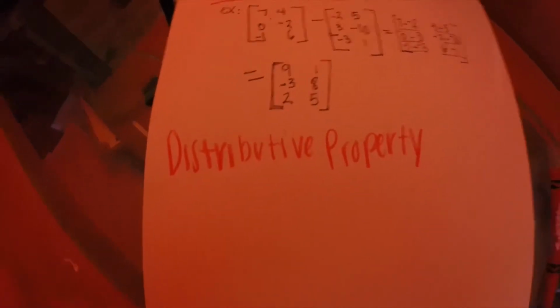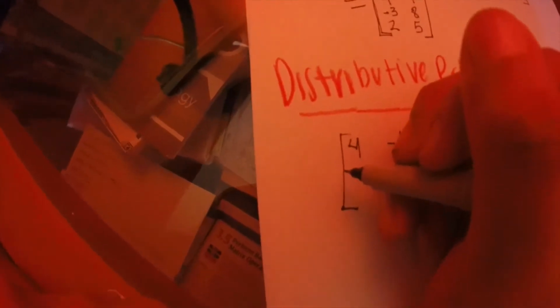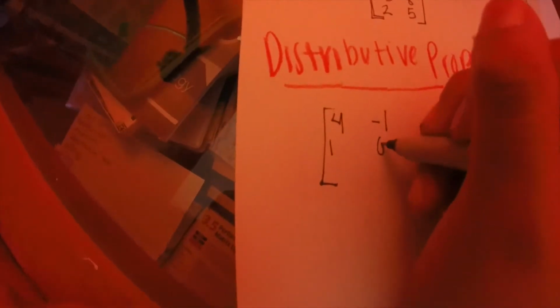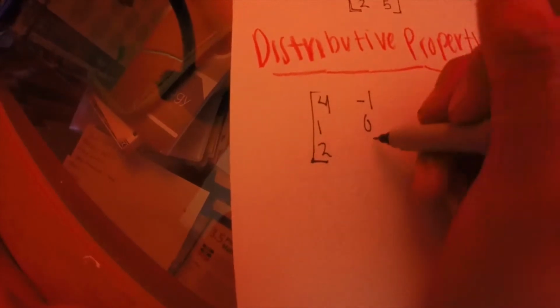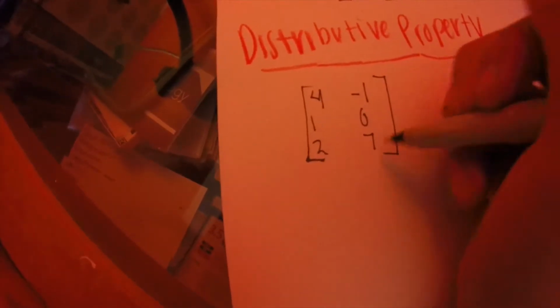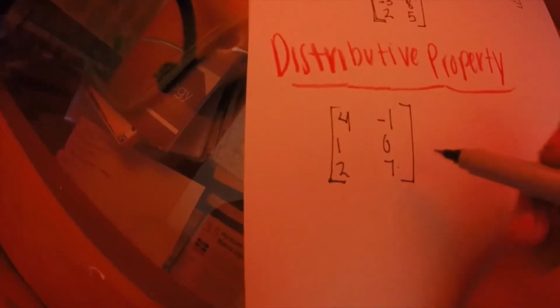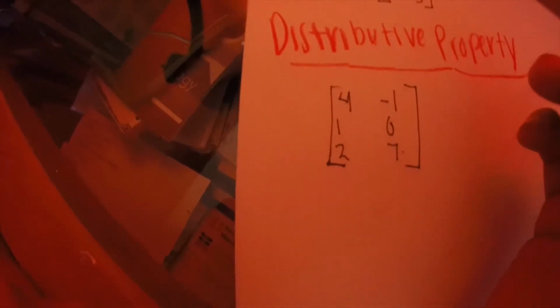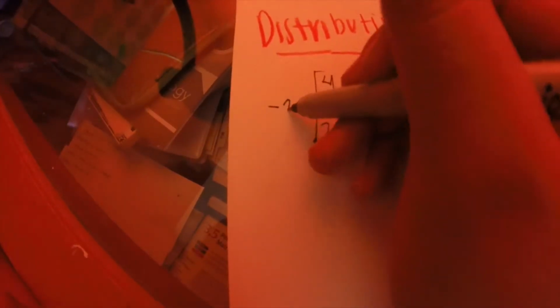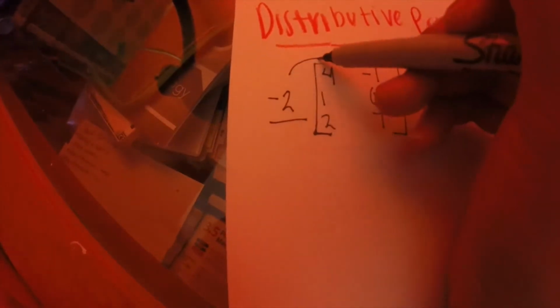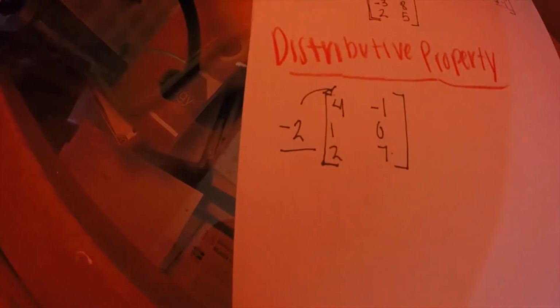Distributive property is something that you learn in the basics of algebra. If I have this matrix, 4, -1, 1, 0, 2, and 7, which is a 3 by 3 matrix, and in the problem a -2 is asked to be distributed into the matrix.